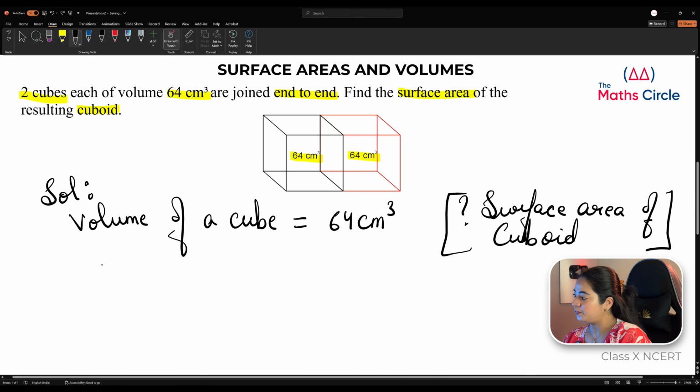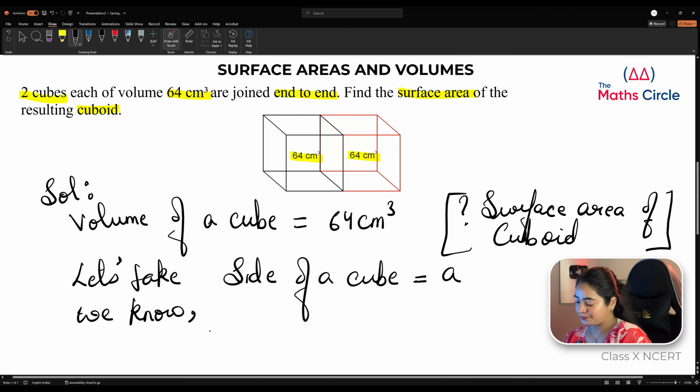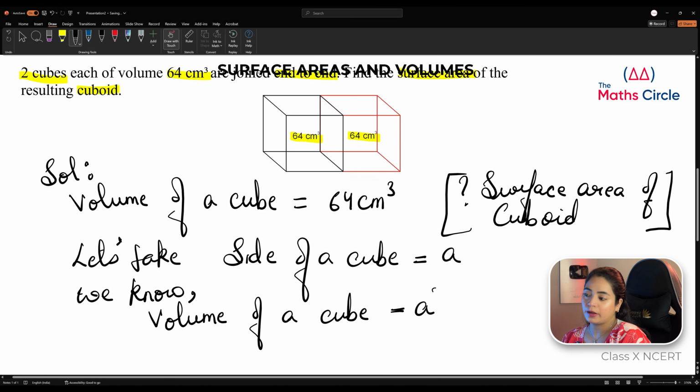Now let's assume side of this cube equals A, and we know that volume of a cube is given by the formula A cube. If you don't know about these formulas, you can watch our video of all the formulas on the surface areas and volumes using this I button.